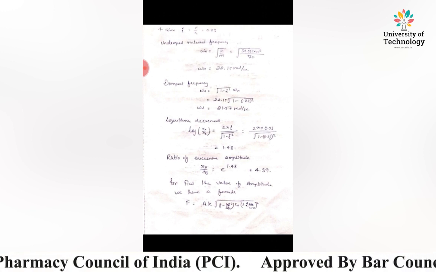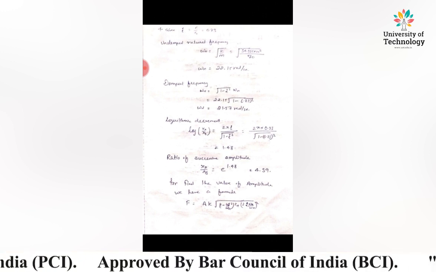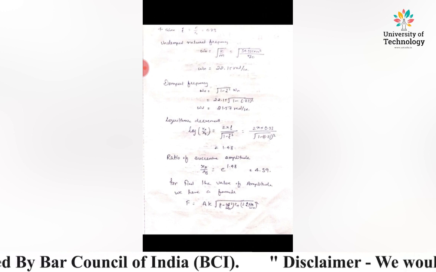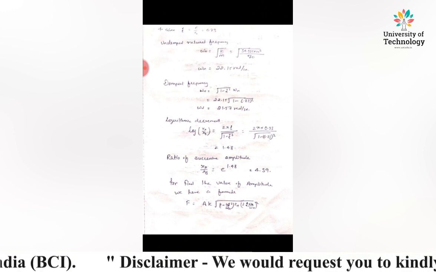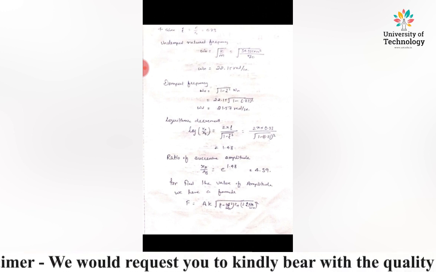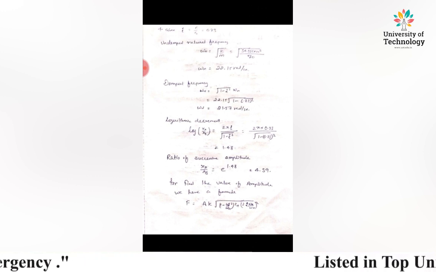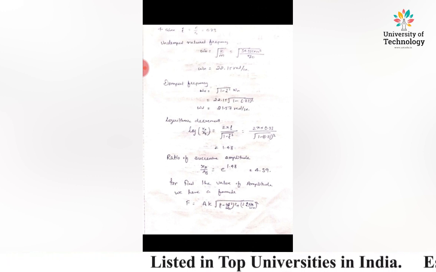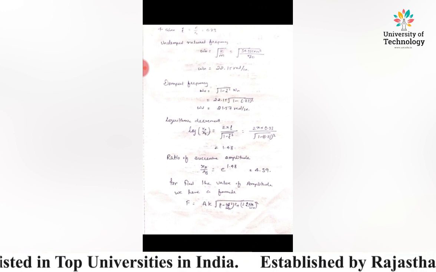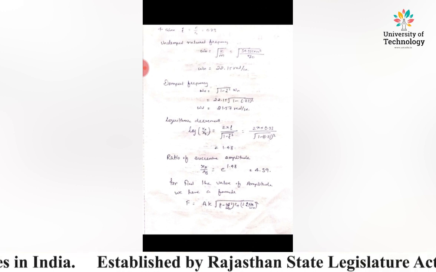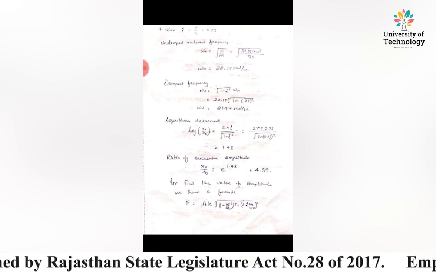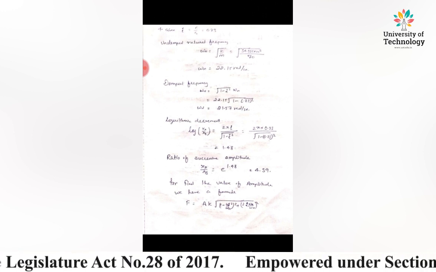By putting this value, we find the logarithmic decrement, that is 1.48. But we have to find the successive amplitude, means xa by xb. Then log is transferred in the form of e. Then the value of xa by xb, that is e to the power 1.48, that is equal to 4.39.